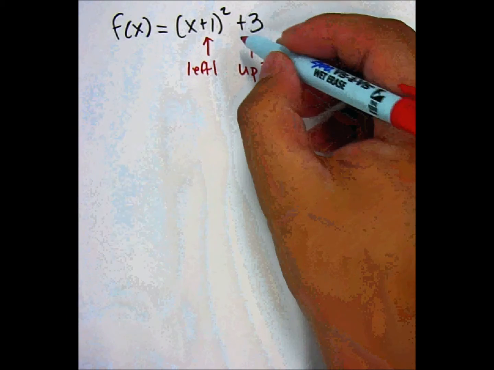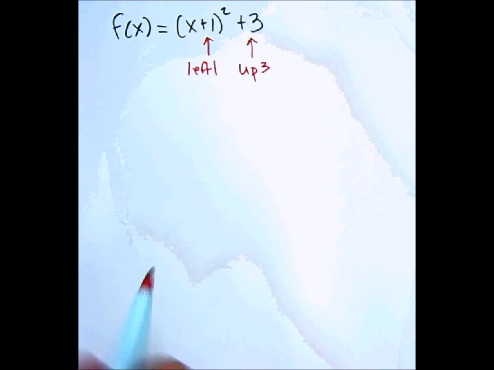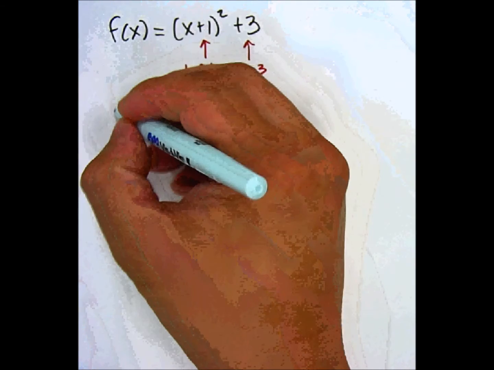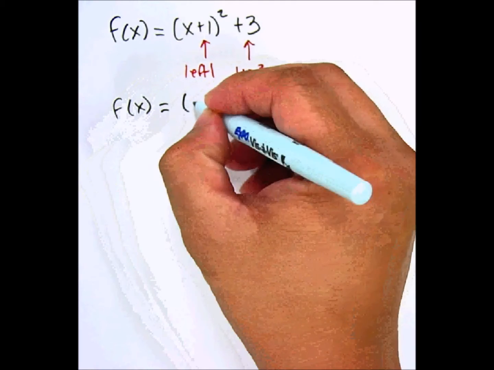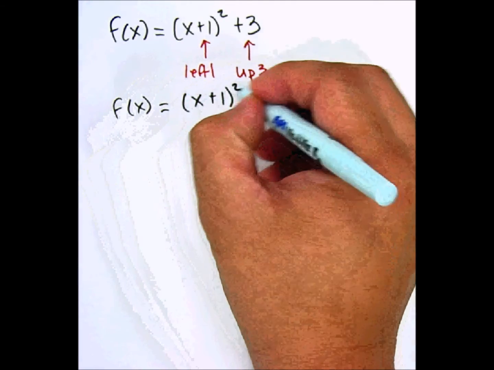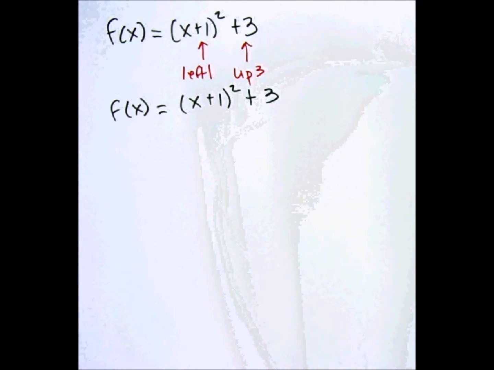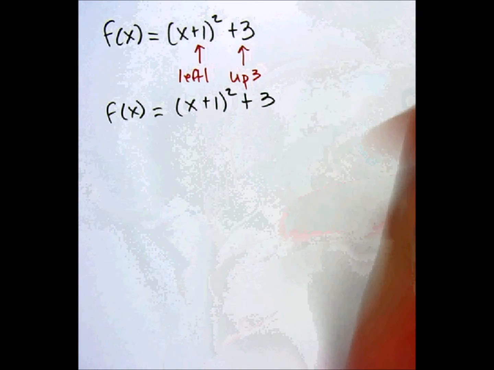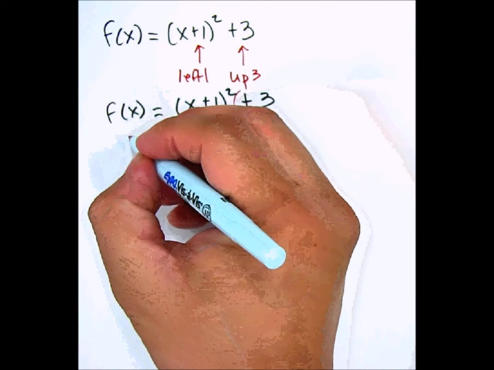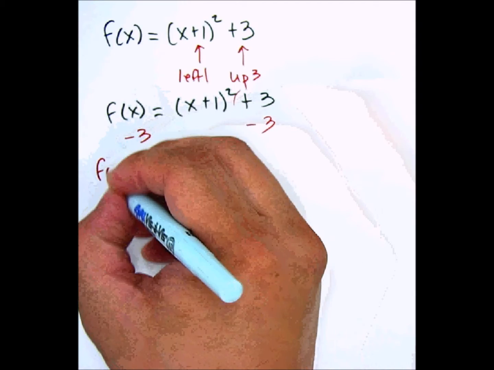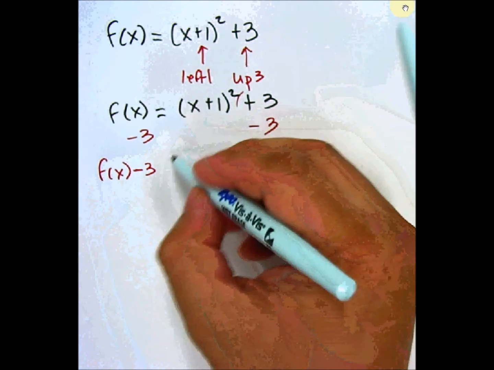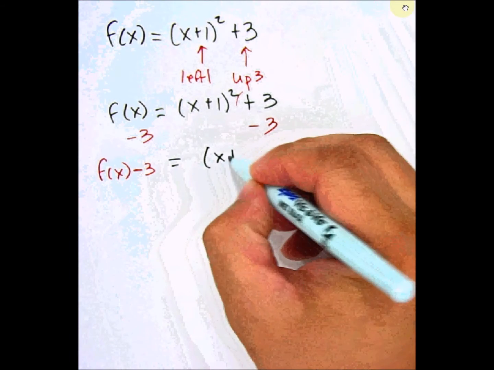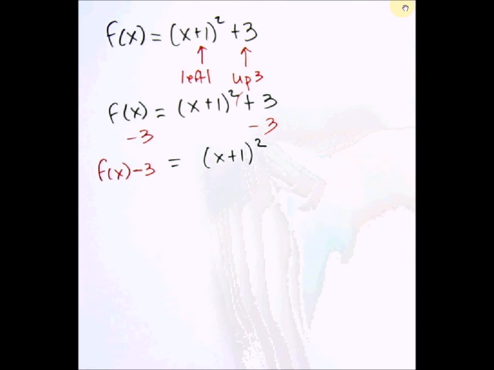The plus 3 clearly affects the y's, which means we need to move him over to the other side with f of x because, well, f of x represents our y's. So to do so, simple algebra, subtract the 3, and you would get f of x minus 3 equals x plus 1 squared.